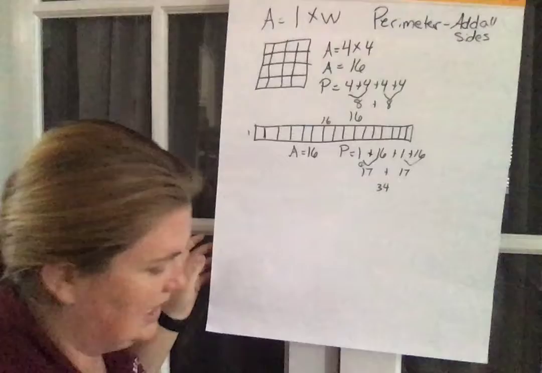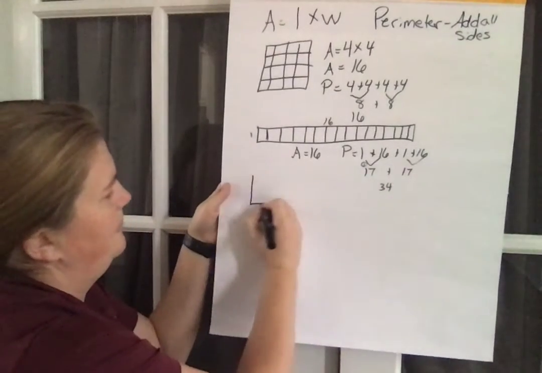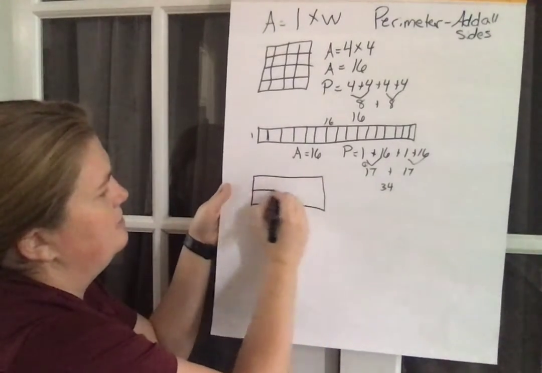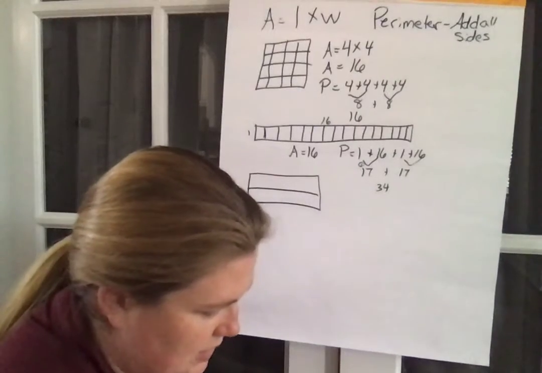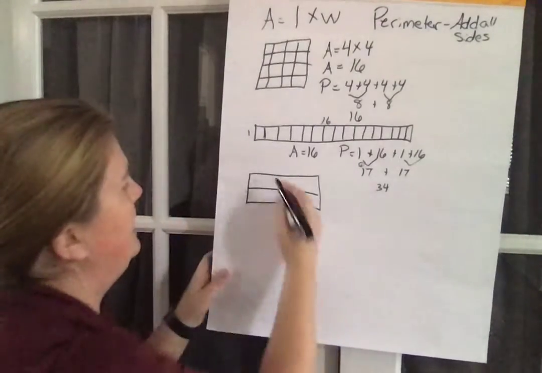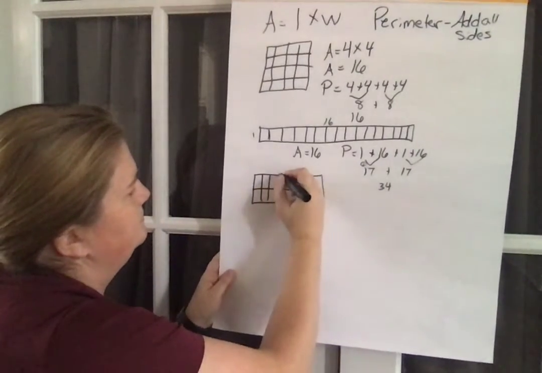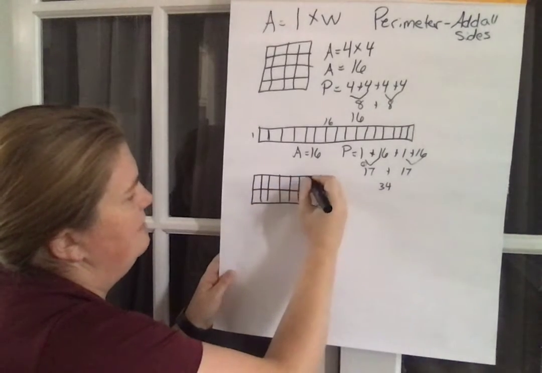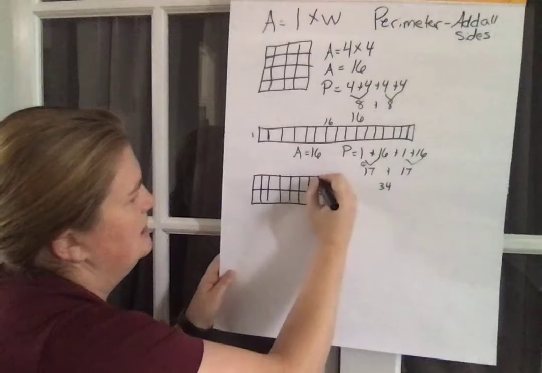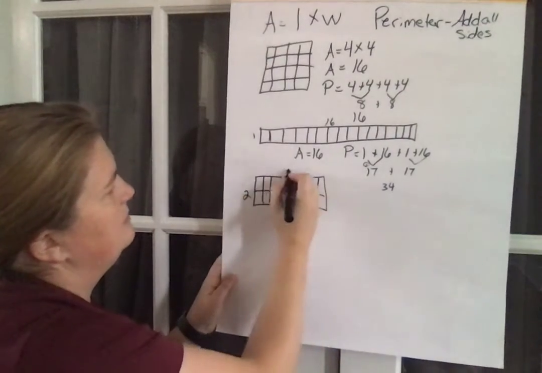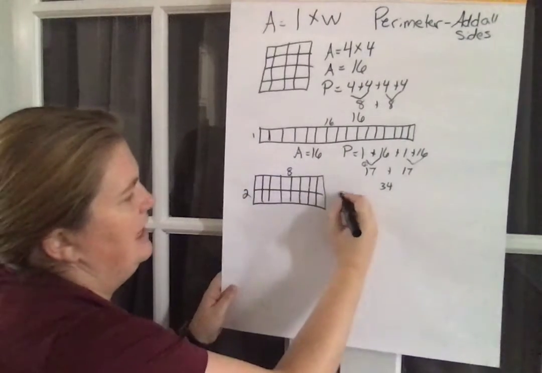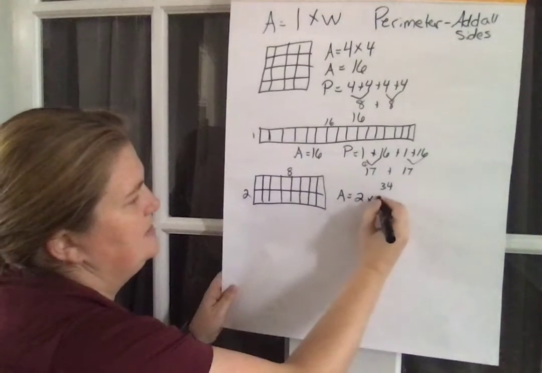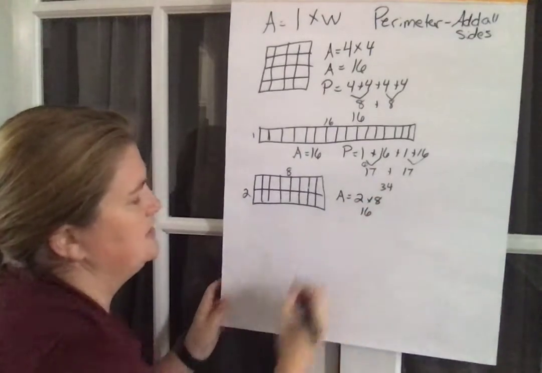Let's look at that second one that they drew, which is 2 rows and 8 columns. That area would be 2 times 8, which we know is also 16.